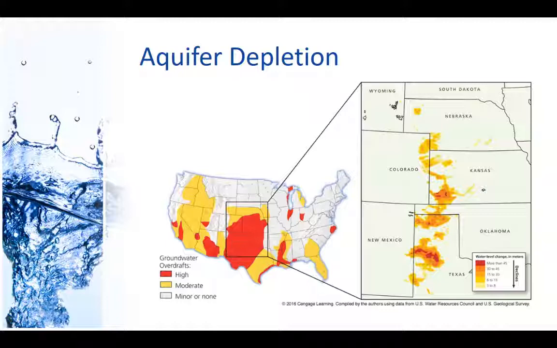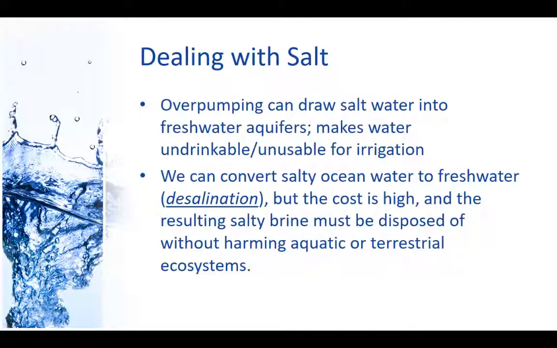This is natural capital degradation of the world's largest known aquifer. So it's something we need to be aware of, and we need to do something to make sure that this doesn't happen.